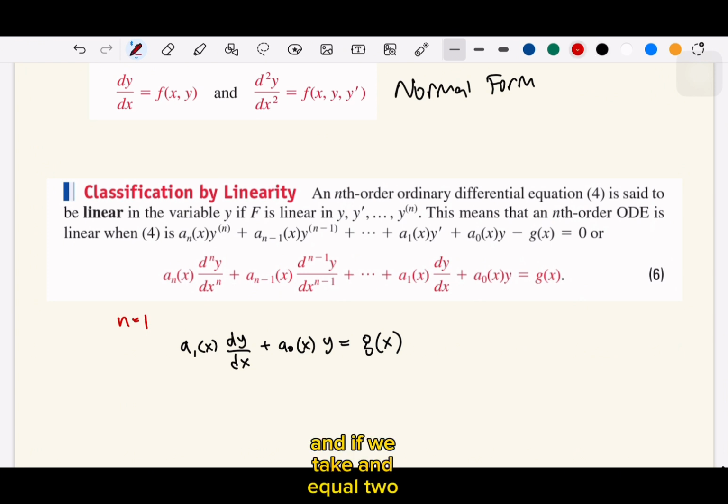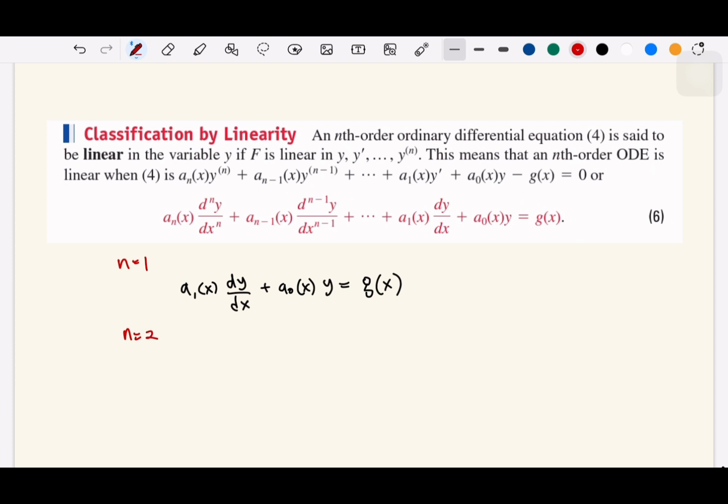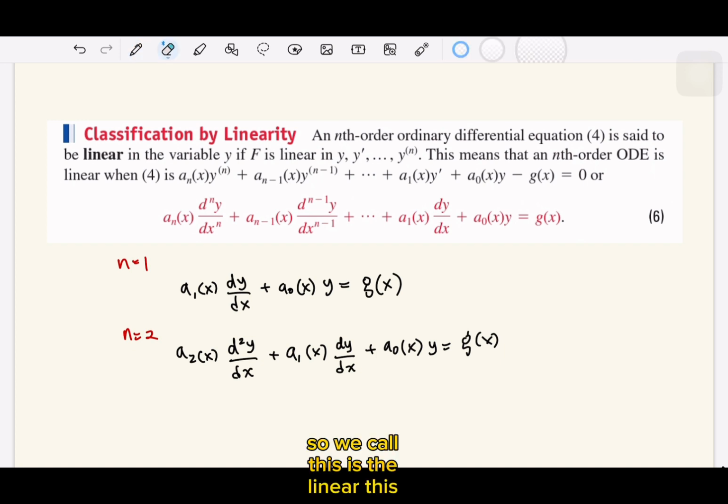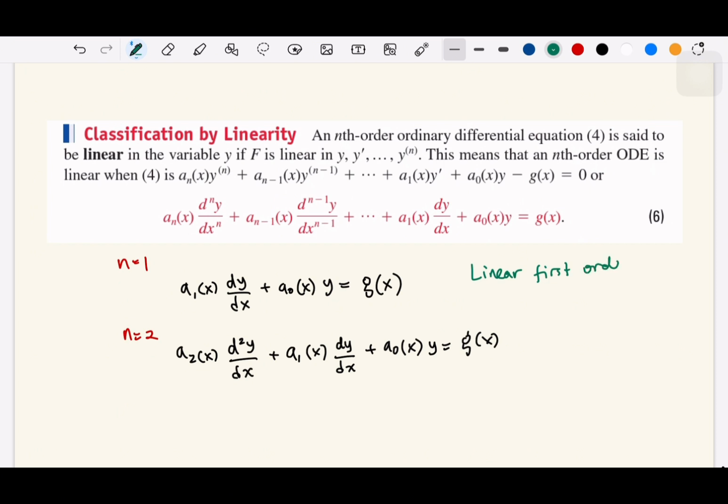And if we take n equal 2, and so on, equal g of x. So we call this the linear first order. We call this the linear second order.